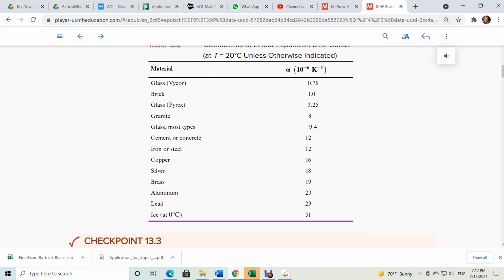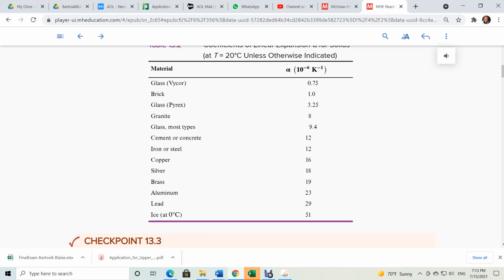Look at the values of this coefficient alpha: it's on the order of 10 to minus 6 for every degree C. The coefficient increases as we go down, from 0.75 to 1 to 3.25, 8, 9.4, 12, until 51. It's a very small number.